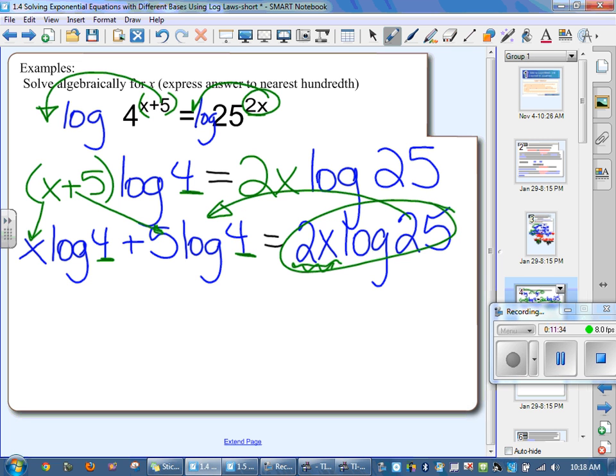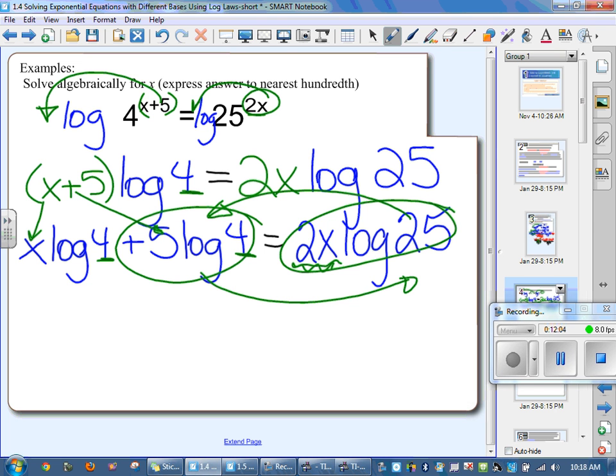Then we're going to take our 5 log 4, who doesn't have x, to the right-hand side. So essentially what's happening is they're switching signs. So positive 5 log 4 is going to come to the right-hand side, and he's going to become a negative 5 log 4. The positive 2x log 25 is going to go to the left by making the 2x become a negative 2x log 25.